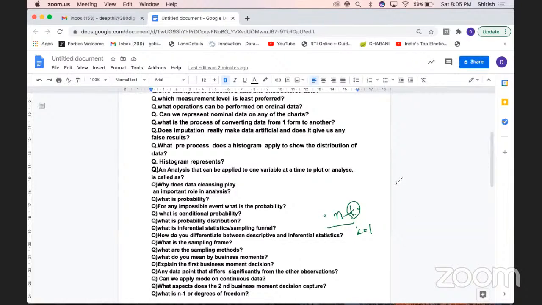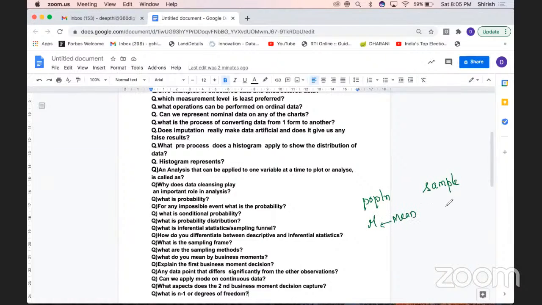So when you talk about the formula here, for the sample standard deviation the notation would be S, right? When you talk about population parameters, you should know the difference between sample statistics and population parameters. For mu, you call it the mean.